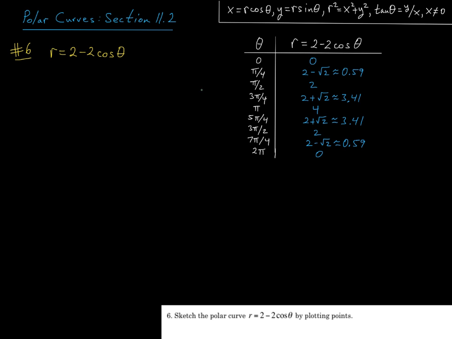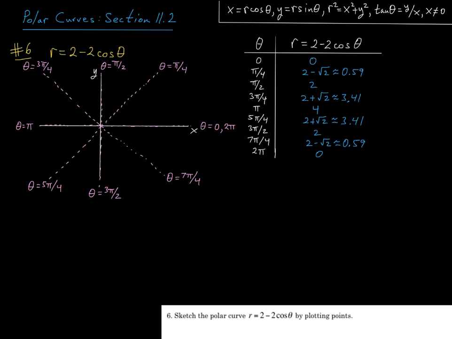All right, so now to plot the corresponding points in the xy plane, I'm going to go ahead and include these dashed lines for the rotation angle theta just to serve as guides. And so when theta is 0, r is 0, telling us that we're just at the origin when theta is 0. And now if I rotate from 0 up to pi over 4, my radial distance r will increase from 0 up to about 0.59.